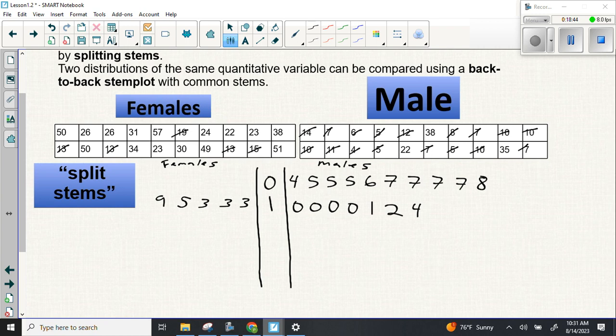You get the idea, right? It would take a long time. This takes too much time for you to finish the whole thing because I'm going to do another example of this for you. So I don't want to spend all the time. I want to show you how you would split the stems, how that works, if you're going to split the stems to make a back-to-back stem.